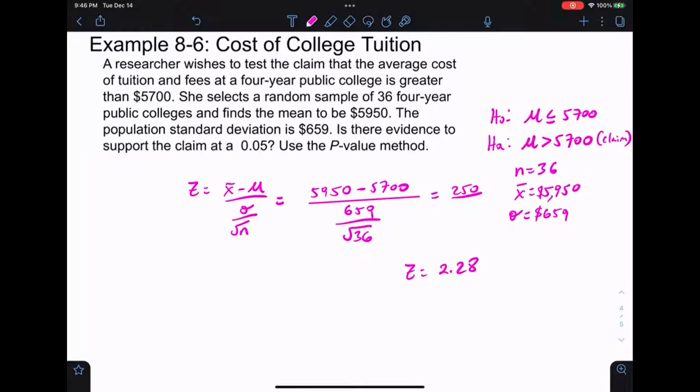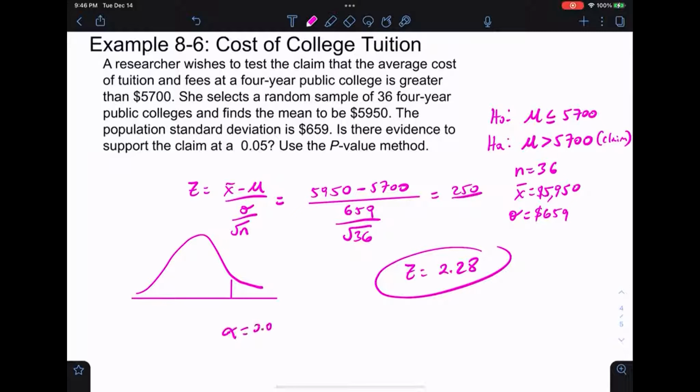Because we're doing the p-value method, remember this is a right tail test, because they're asking for greater than. In the other method we look for alpha, which is 0.05, and find the area.